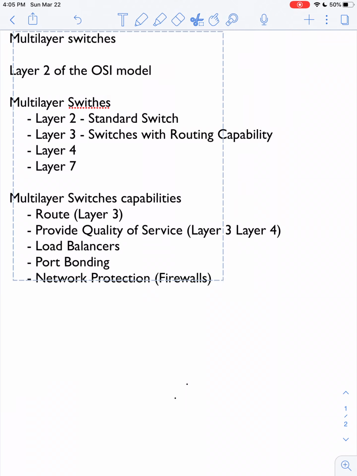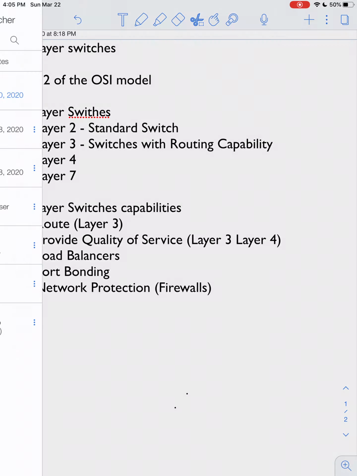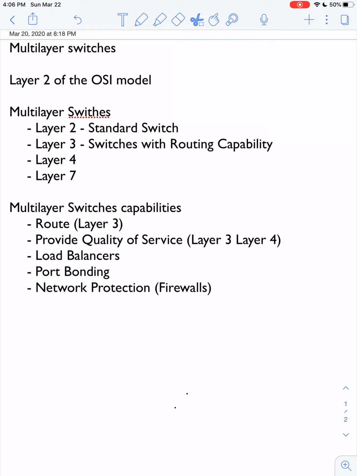How are we going to do this? This is actually really weird. No. All right.